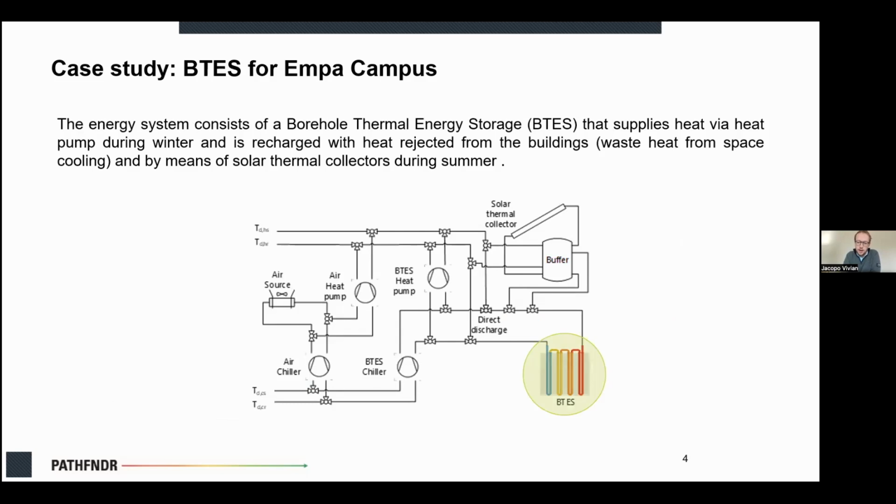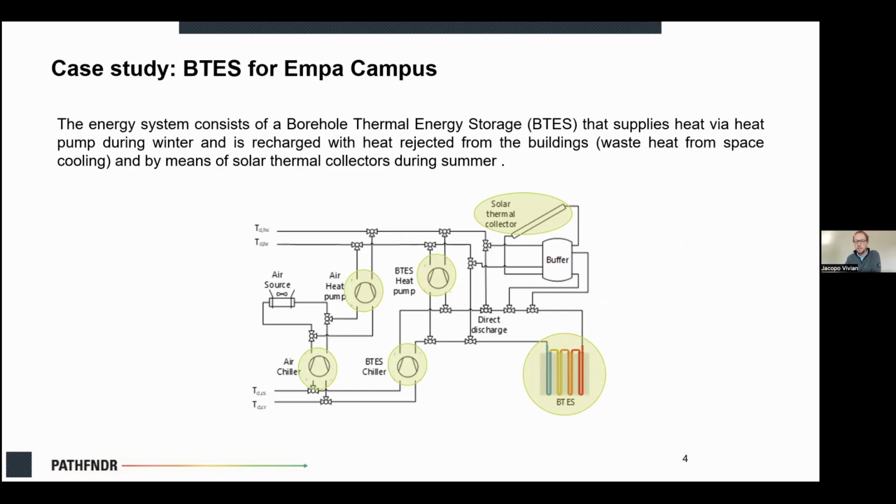These components are the BTES itself, solar thermal collectors that recharge the BTES during summer, the conversion machines that allow to provide renewable space heating during the winter, so the air source heat pump, and a water heat pump extracting heat from the storage, and then an air chiller and a BTES chiller that rejects heat into the storage during summer.